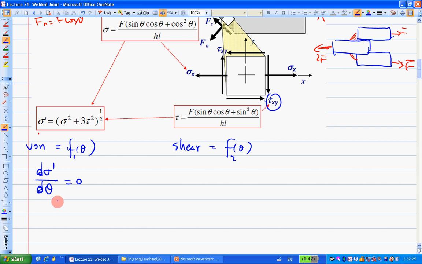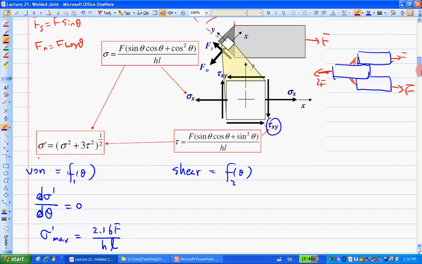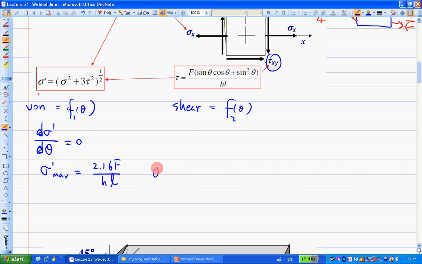The maximum sigma prime, the maximum von Mises stress, turns out to be 2.16 F over HL, where H is the leg size, and that's when theta equals 62.5 degrees.